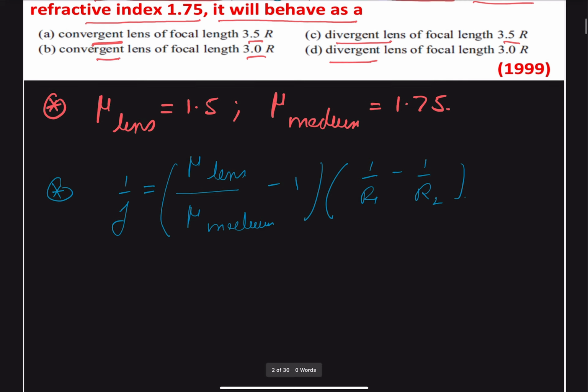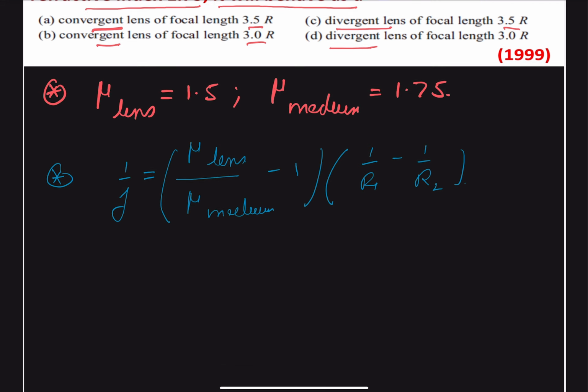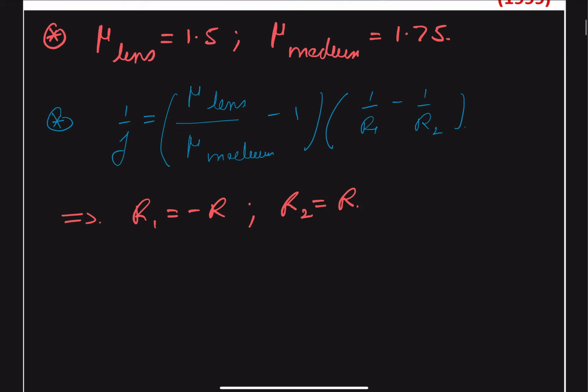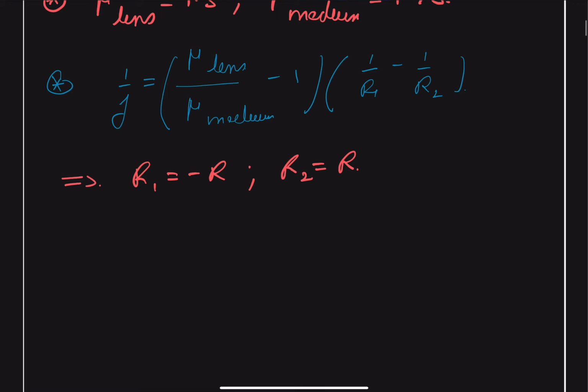In this case both surfaces have the same radius of curvature, therefore r1 will be equal to minus r and r2 will be equal to r. It can also be reversed, r2 can be minus r and r1 plus r, it doesn't matter.